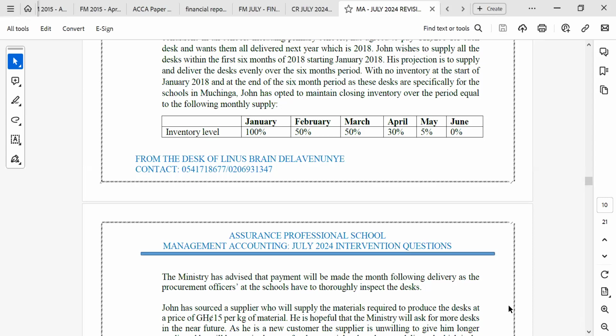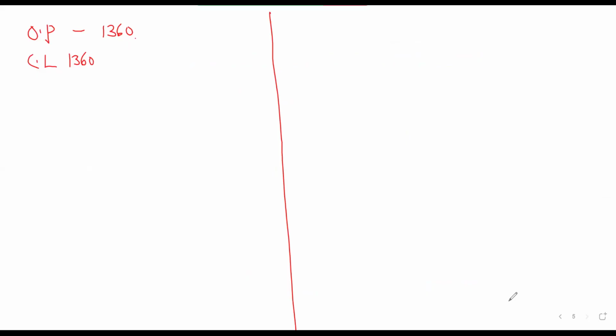They are saying that John has opted to maintain closing inventory over the period equal to the following month supply. Following month supply is the sales. So how many quantity are you going to be selling the following month? That is a sale. So we are keeping 50% of the sales for February, and that will give us 680. Okay, so we have 680.